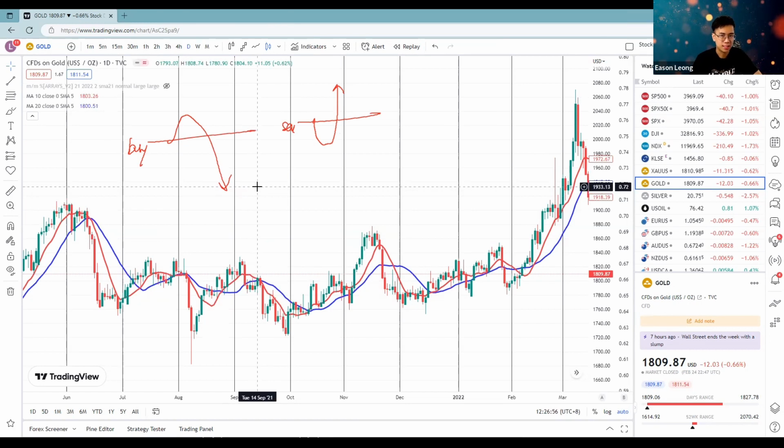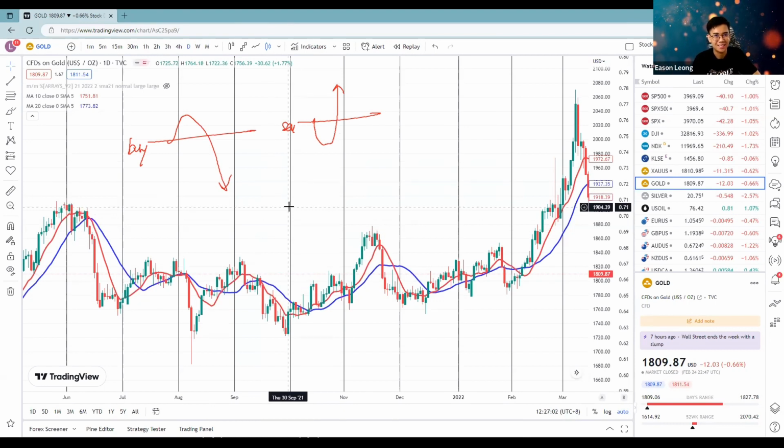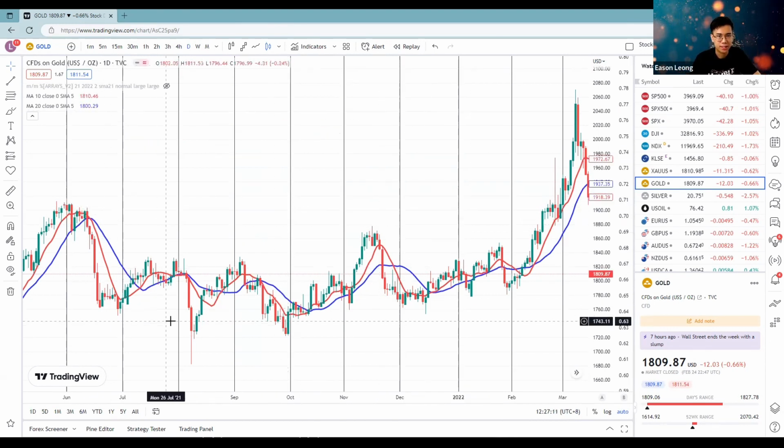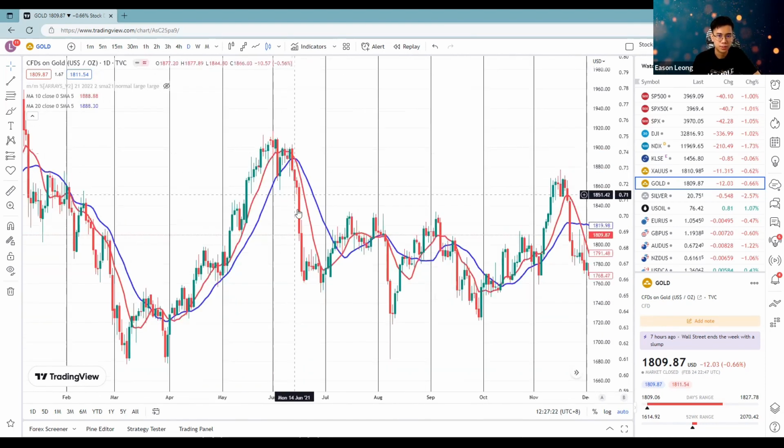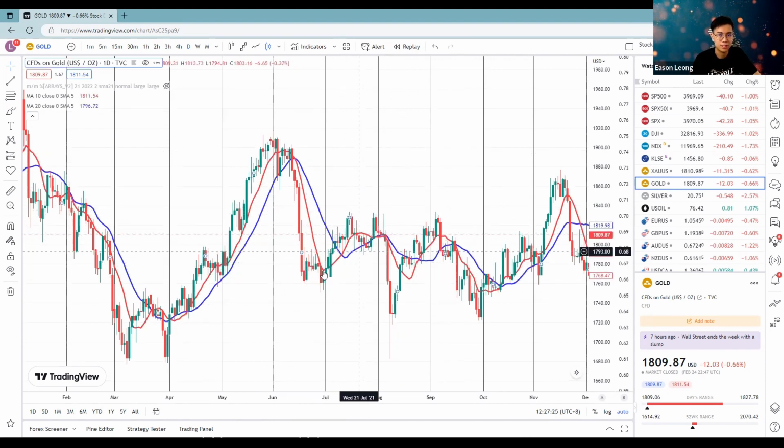So the thing is that when you're facing this kind of problem, it's not your problem. In a sense, you have not fully learned the strategy yet. In this kind of situation, who asks you to blindly follow? What you're supposed to do is to reverse the entry method. For example, when it crosses down, you would sell. But when you notice that it's back to ranging, this is what we call ranging.